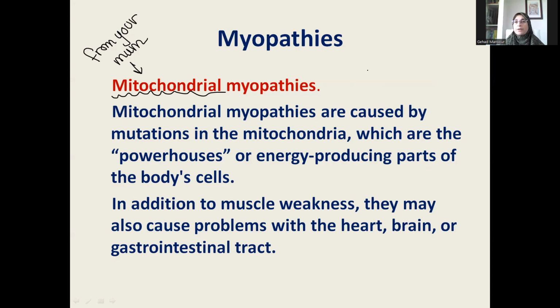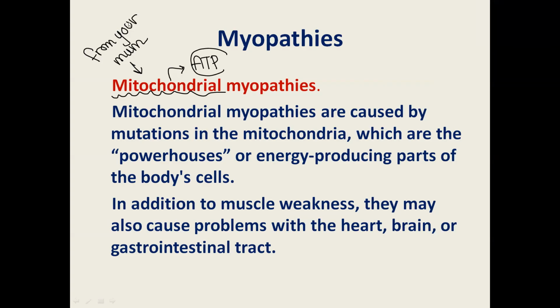Why is there a relationship between mitochondria and myopathies? Because mitochondria are the powerhouses of the body, meaning that most ATP is produced inside the mitochondria through a process of cellular respiration. And therefore, if your mitochondria for one reason or another are not working properly, then there would be inadequate production of ATP.